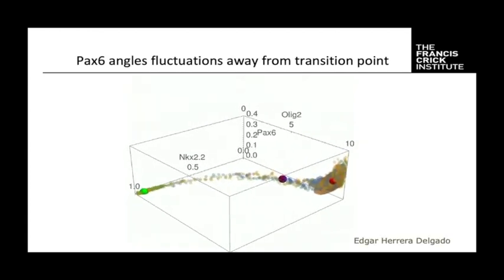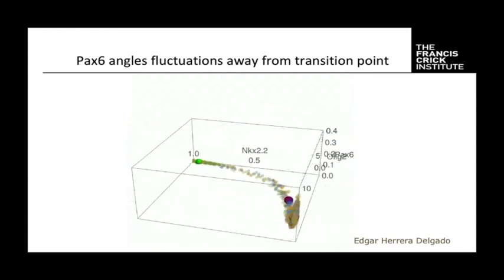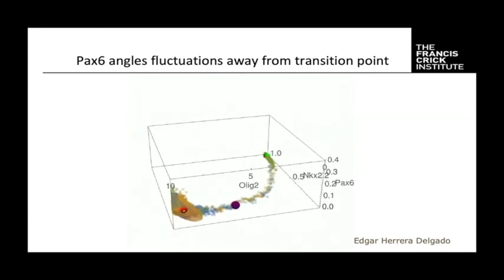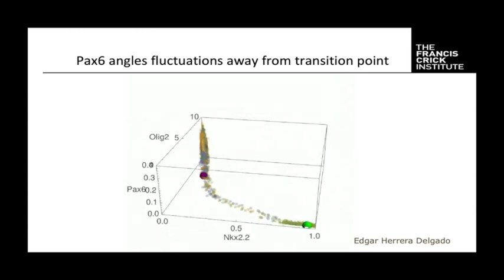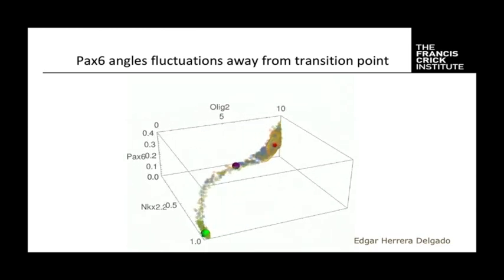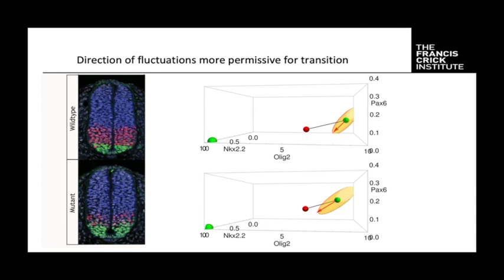So if we think about this again in the context of gene expression space, I showed you this already in the wild type, where the fluctuations are angled away from the transition point. Now, if we think about the consequences of changing the relative levels of OLIG2 and PAX6, so we're reducing slightly the levels of OLIG2, increasing slightly the levels of PAX6.